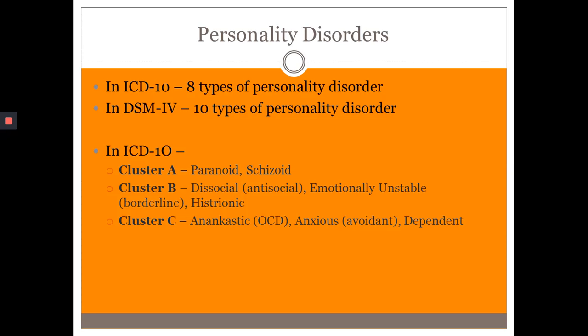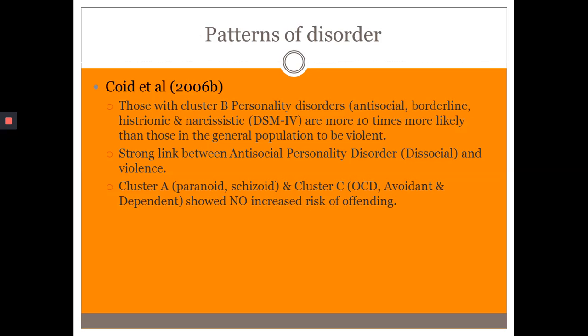So in terms of how we understand the patterns of disorder that do the rounds, if we're thinking of Coid's research back in 2006, Coid looked at the Cluster B disorders, which include things, as we just said, like antisocial personality disorder, which is incidentally the new phrase used to describe what was previously called psychopathic.